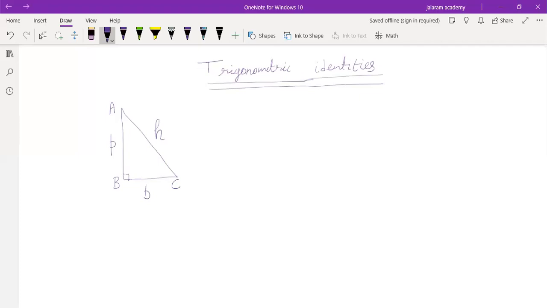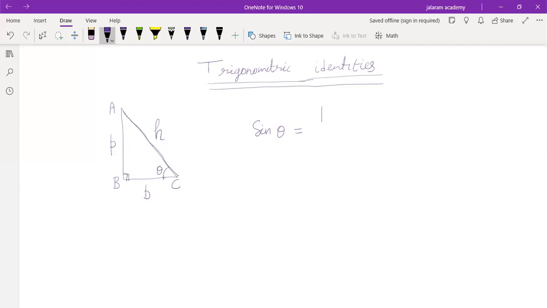And these ratios are given by sine theta if this angle is theta. Theta is the base angle or the reference angle. Only then sine, the side opposite to theta is perpendicular, the side adjacent to theta is base, and the side opposite to 90 degree is the hypotenuse.